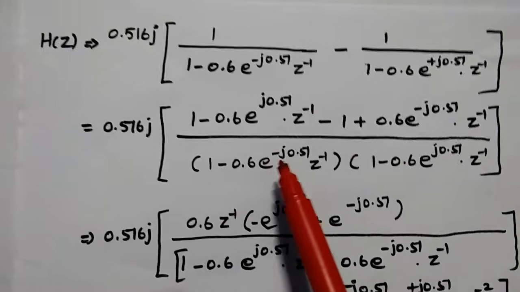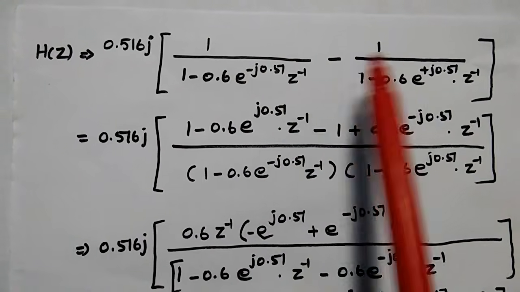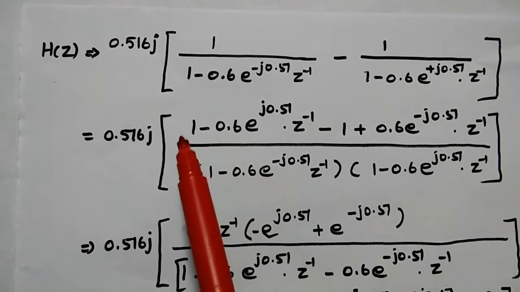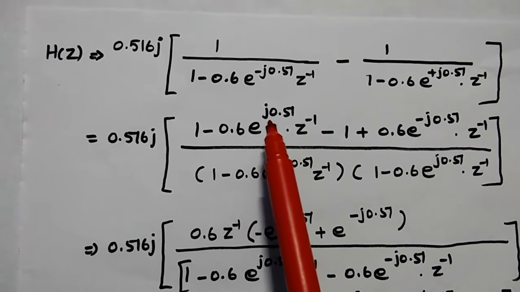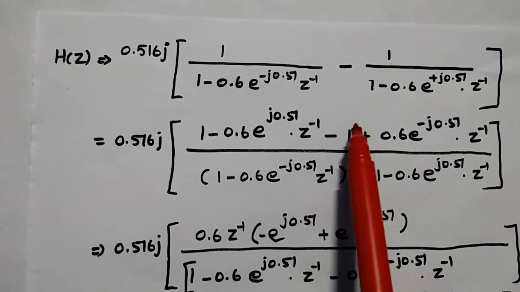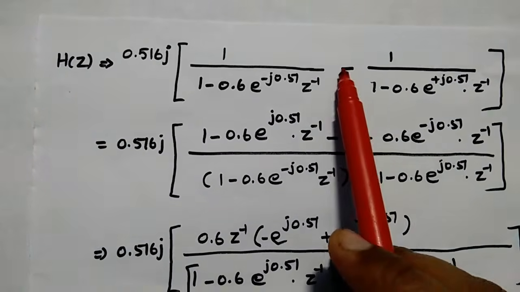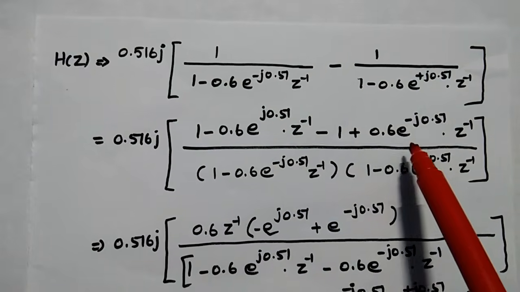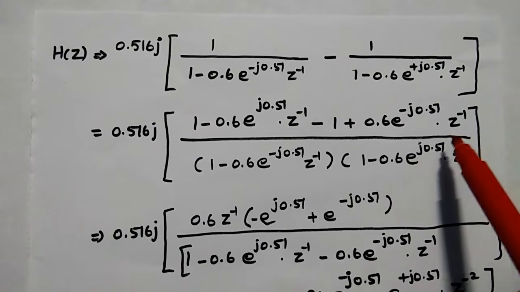So in the numerator, this one is multiplied with this term, this one is multiplied with this term. So 1 minus 0.6 e power plus j 0.51 into z power minus 1, minus of this term, right? So minus 1, then minus into minus plus 0.6 e power minus j 0.51 into z power minus 1.